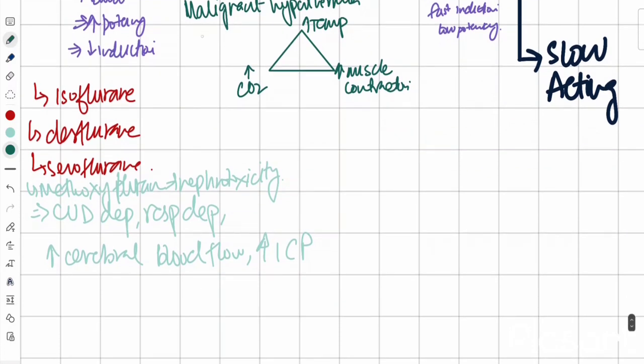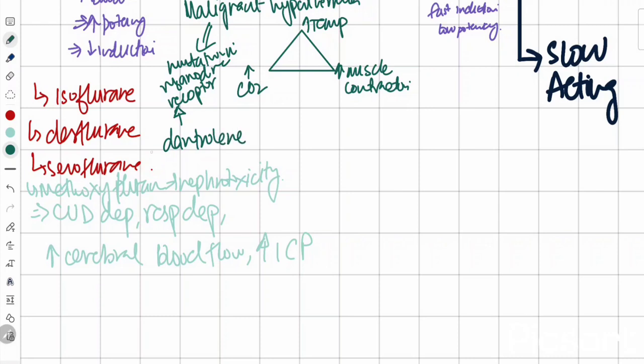And why does this occur? This occurs because there is a mutation in ryanodine receptors. So what you do is give an antagonist called dantrolene. Very, very high yield, you need to know this. Dantrolene is given as a ryanodine receptor antagonist to prevent malignant hyperthermia.